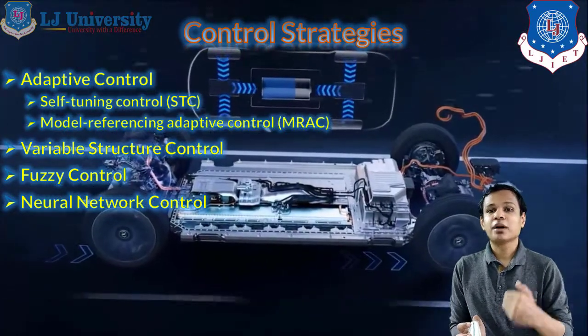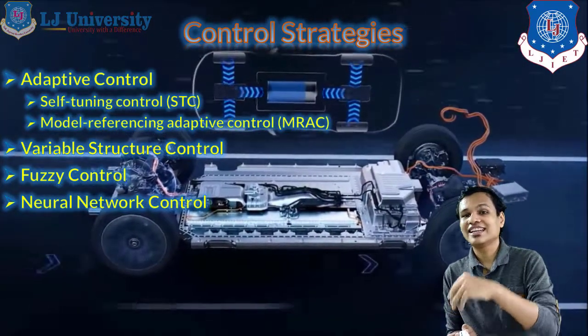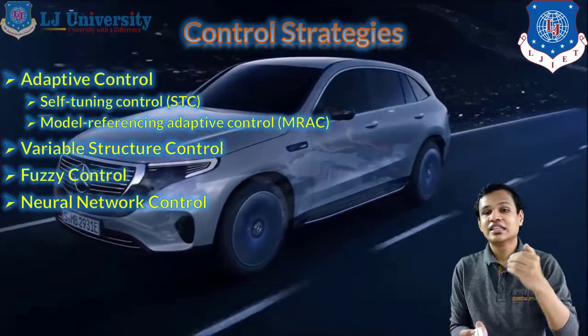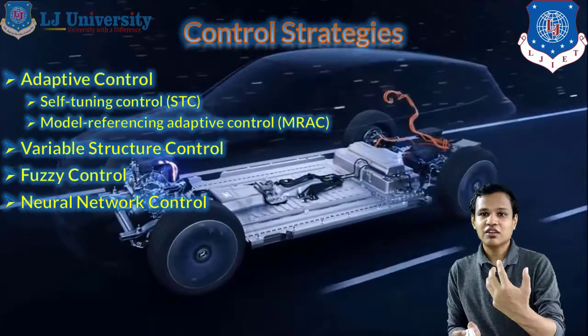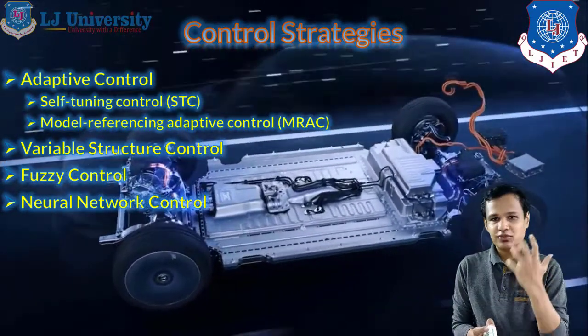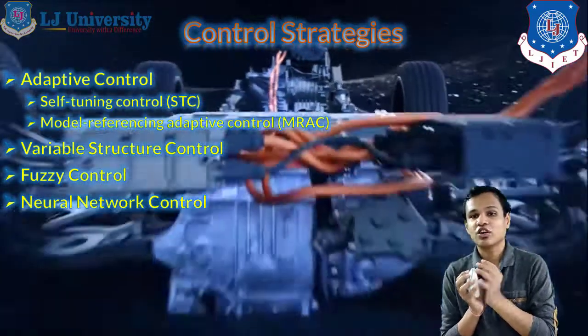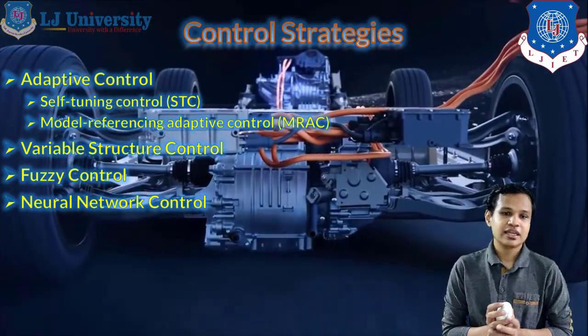The propulsion system of the vehicle needs to be controlled properly with the help of these different strategies. Now these are some of the basic types of strategies that can be used to control our electric motor, or electric machine, right?